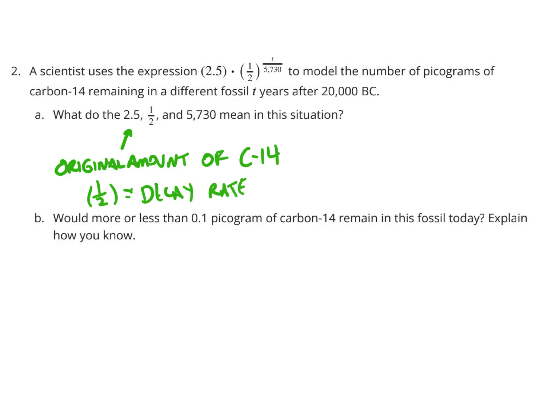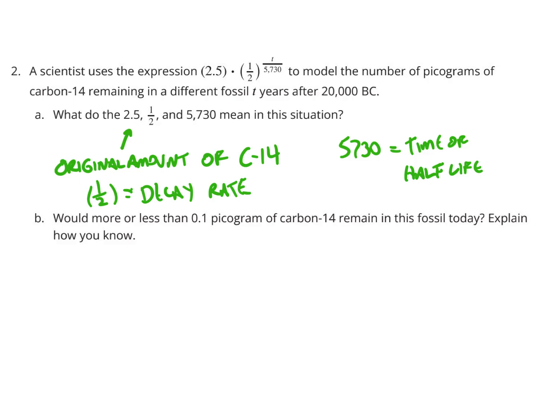Because it's less than 1, it decays. And 5,730 is your time of half-life. So that represents a time. Time always goes in your exponent on these types of problems.